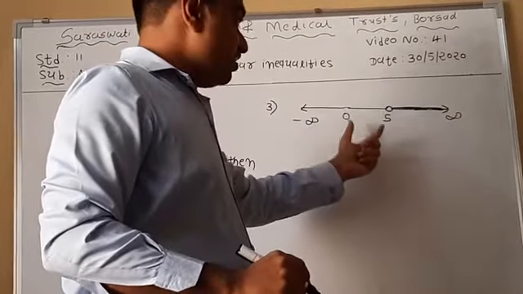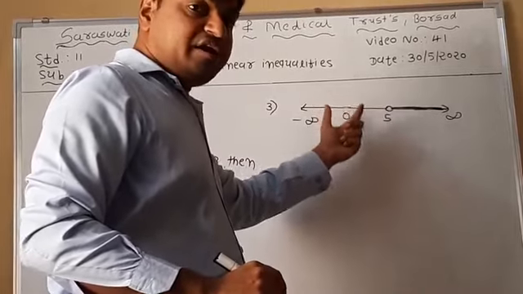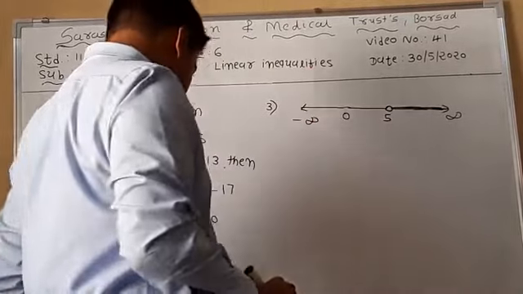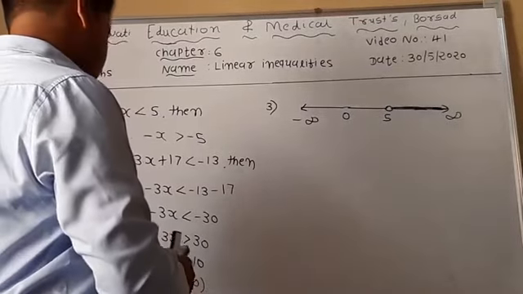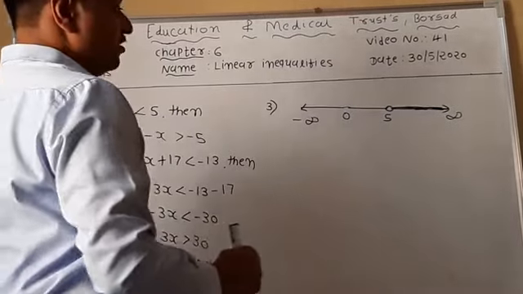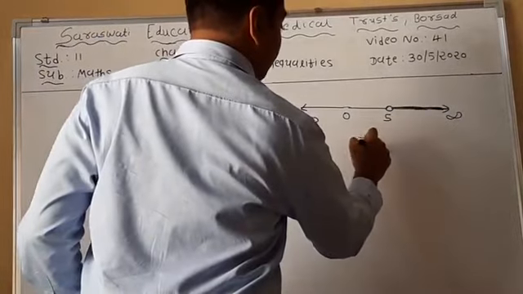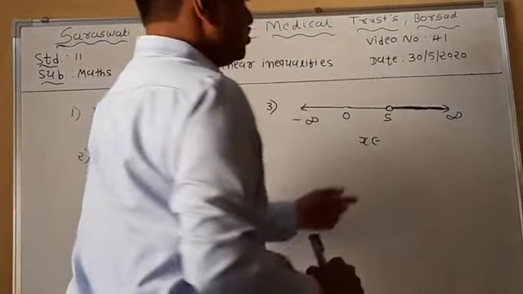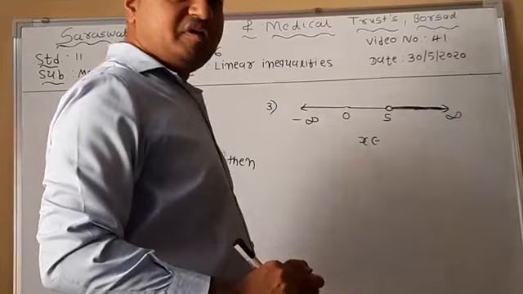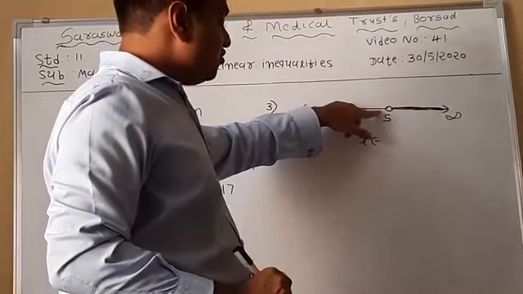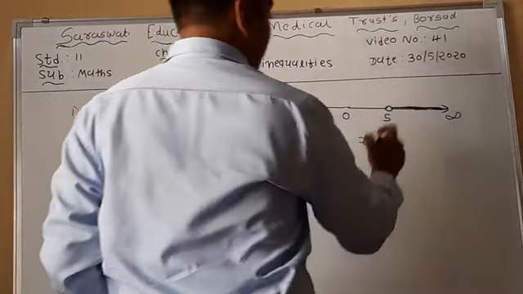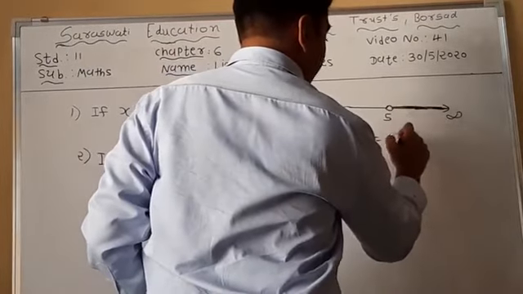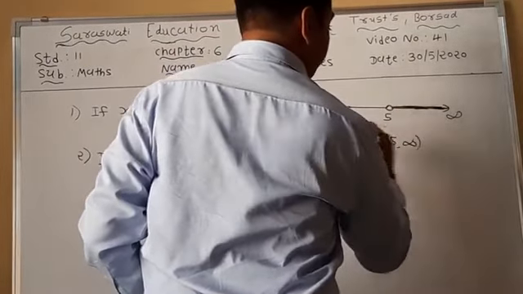Now using this figure, write the answer in interval form. Some options are given. Since it is an open circle and the arrow goes to infinity, our answer is x belongs to the open interval 5 to infinity.